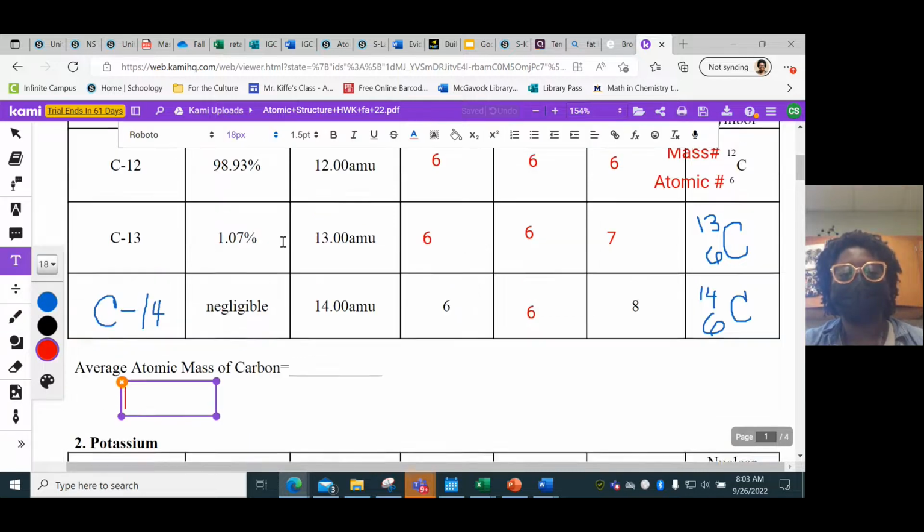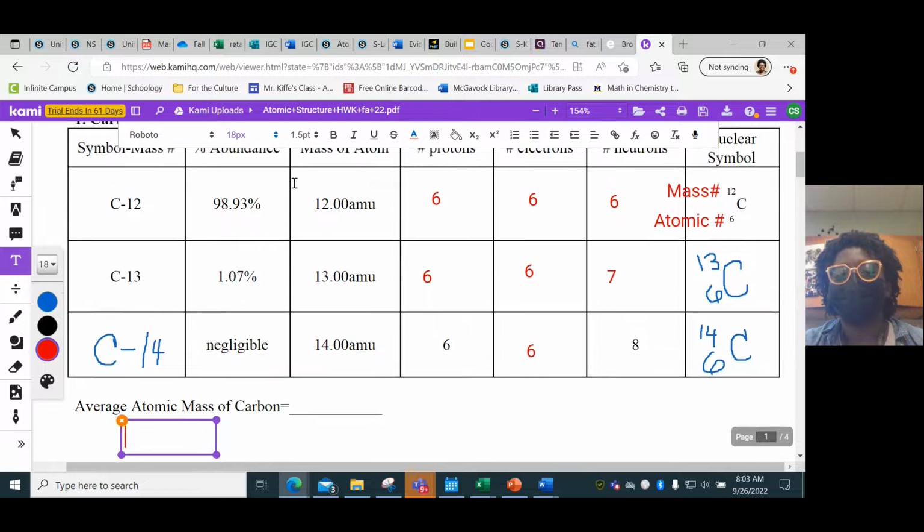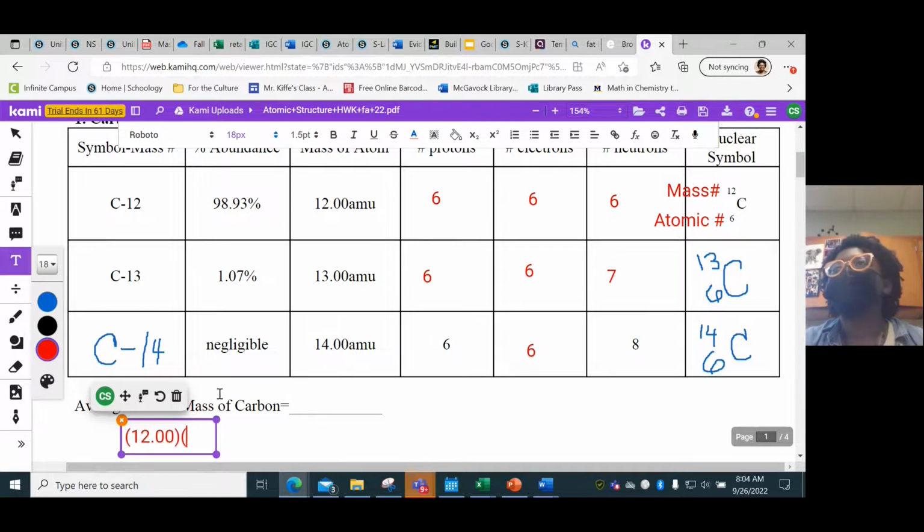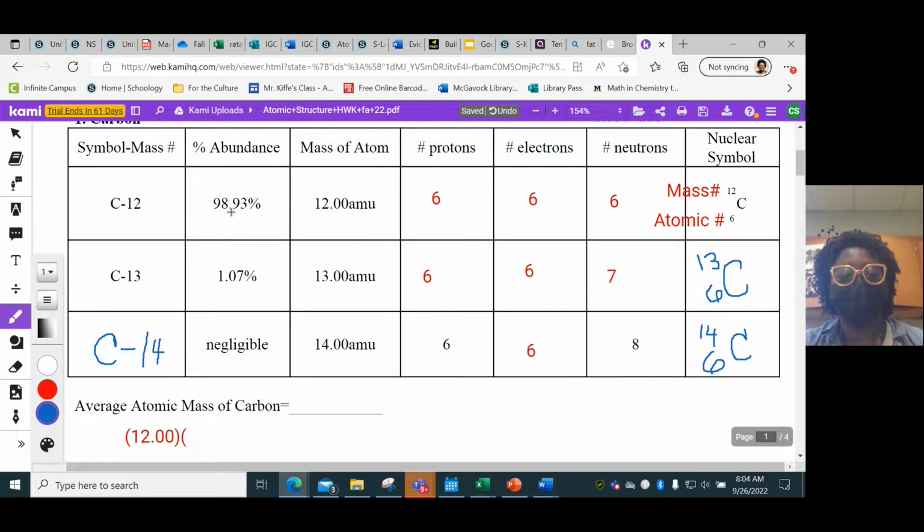Average atomic mass. This is where we're going to take our abundance and multiply it times our mass. So our very first one has a mass of 12.00. What is the abundance that goes with 12.00? 98.93. Turn that into a decimal, and it's going to be to the left, Beyonce, your percentages. To the left.